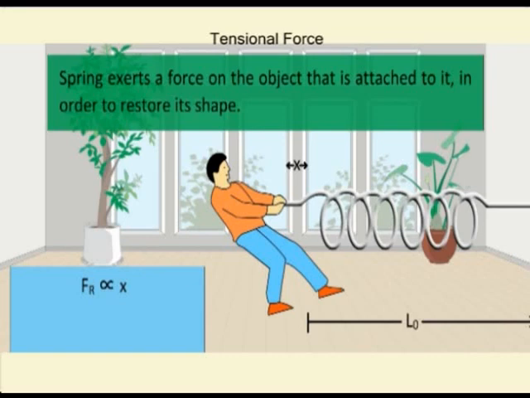Because the spring is elongated by a length x, an inward restoring force will act. This force will be proportional to the elongated length. Thus, restoring force is equal to Kx, where K is the constant of proportionality called the spring constant.